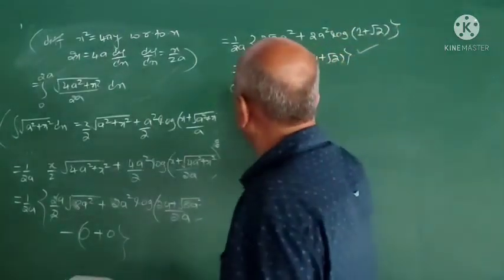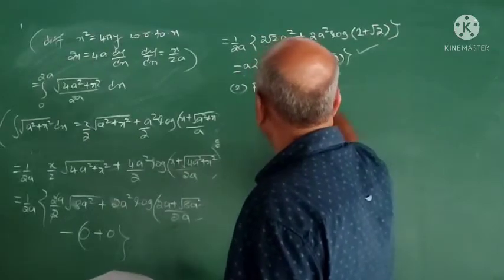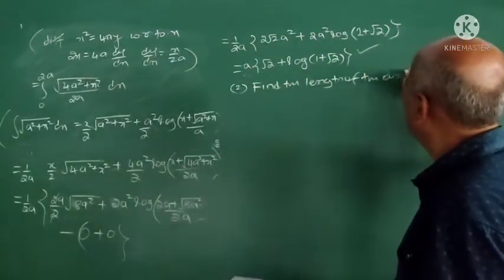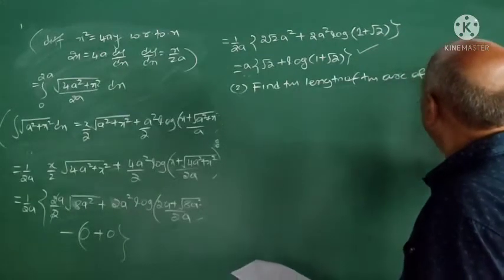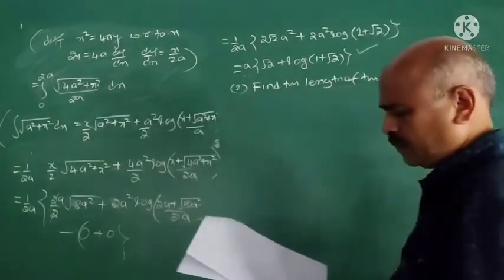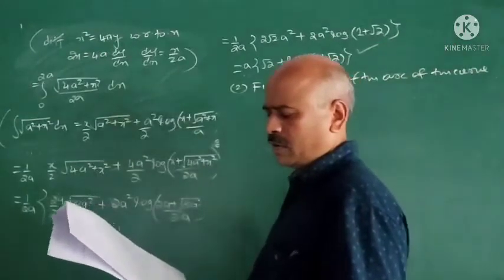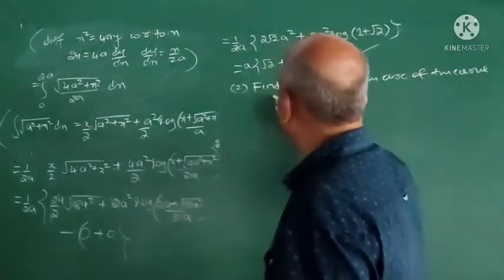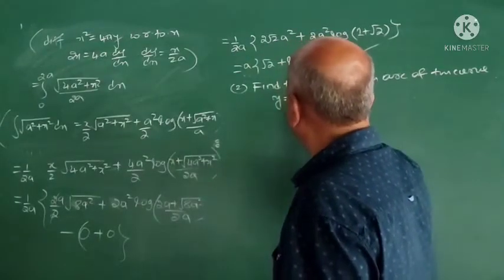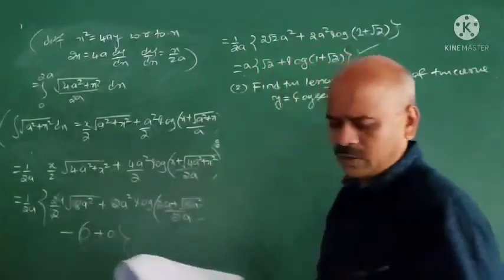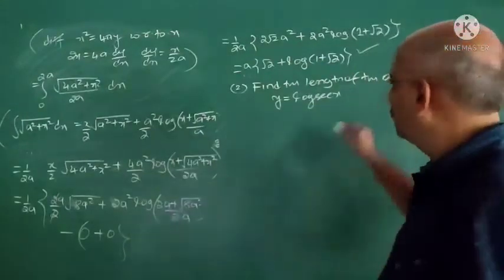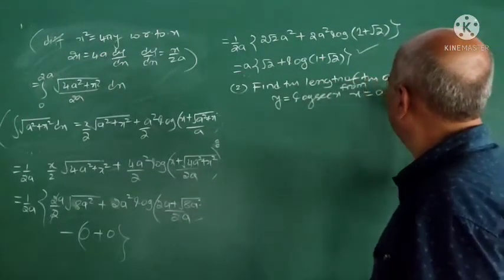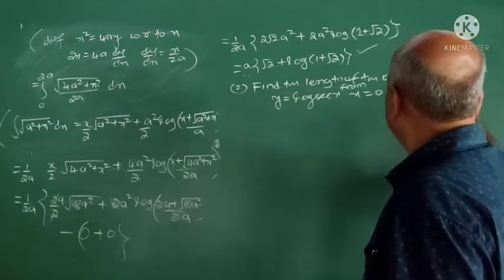Second, find the length of the arc of the curve. Equation is y is equal to log sec x, from x equal to 0 to x equal to pi by 3.